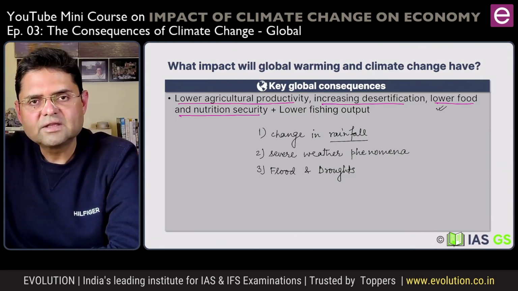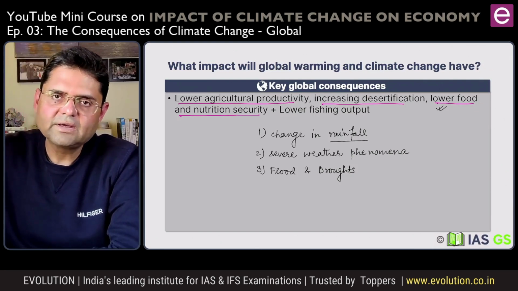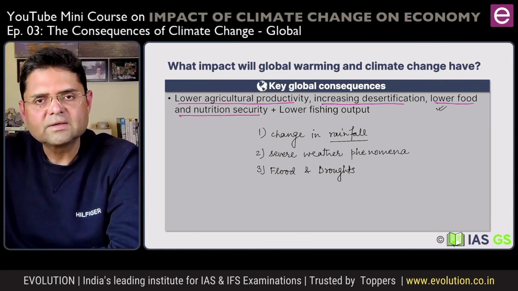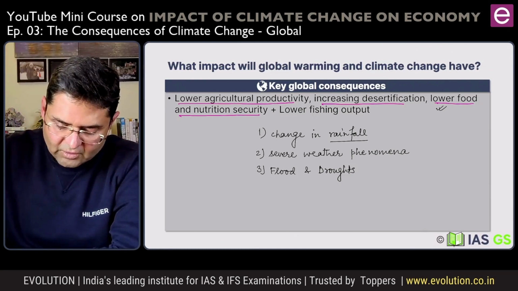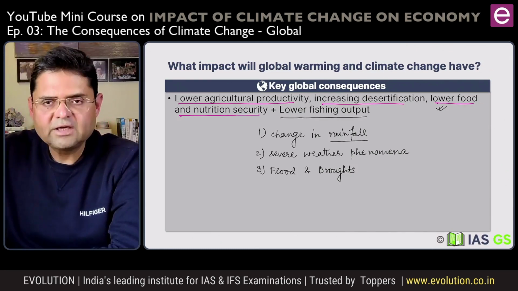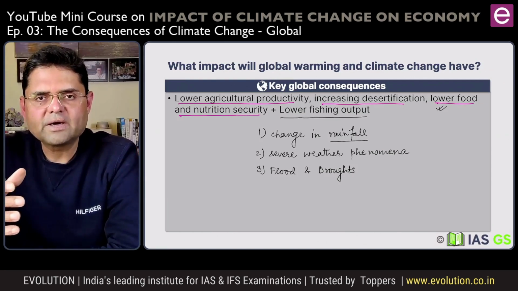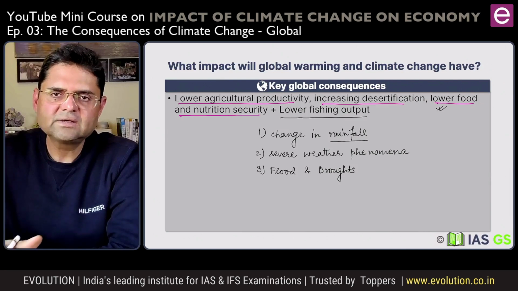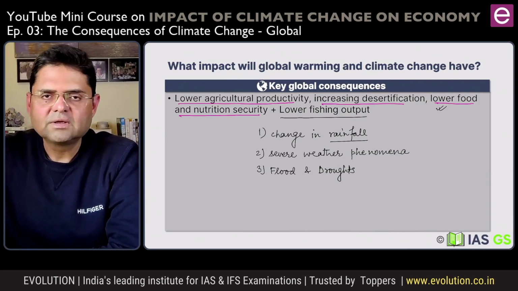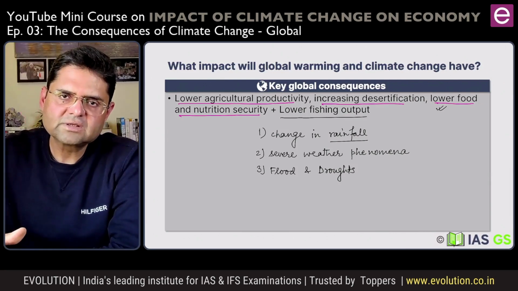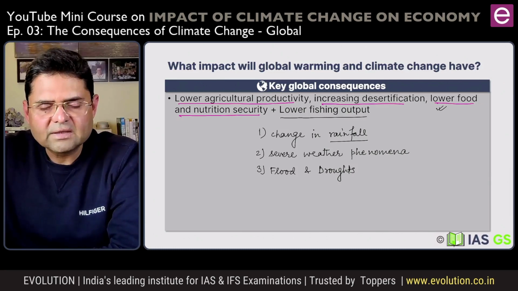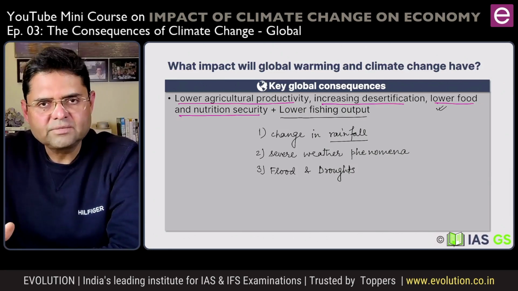And as earlier said, the marginalized communities and women are going to bear the brunt much more than the rest of the society. Lower fishing output is already being reported. Part of it is due to overfishing, but also part of it is due to changes in the heat distribution, disturbance in the ocean ecosystem by ocean acidification, and so on. So that is also happening.